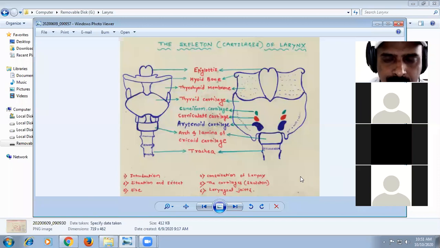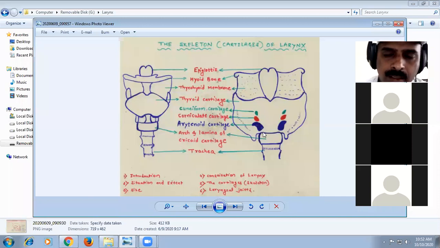Laryngeal joints are there, that is the cricothyroid and cricoarytenoid. This is the inferior cornu of the thyroid and the superior lamina of the cricoid, that is the cricothyroid joint. And this is the cricoid cartilage and this is the base of the arytenoid cartilage, the cricoarytenoid joint.